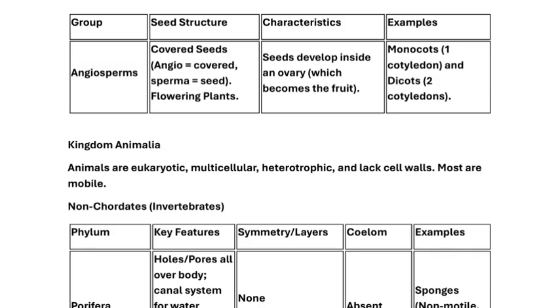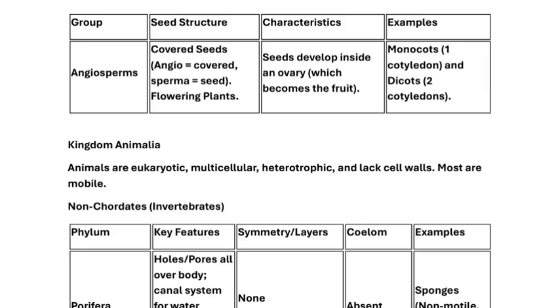Examples: Pinus, deodar. Angiosperms: angio means covered, so covered seeds. Flowering plants: seeds develop inside an ovary, which becomes the fruit. Monocots have one cotyledon, and dicots have two cotyledons.